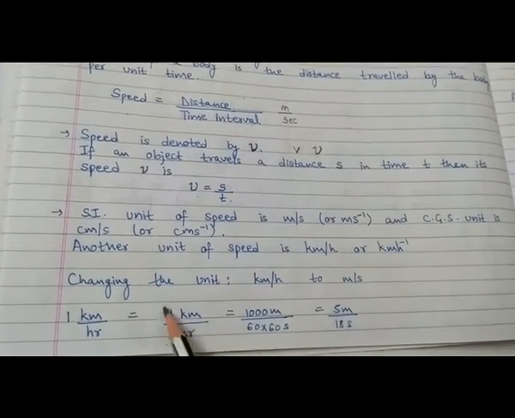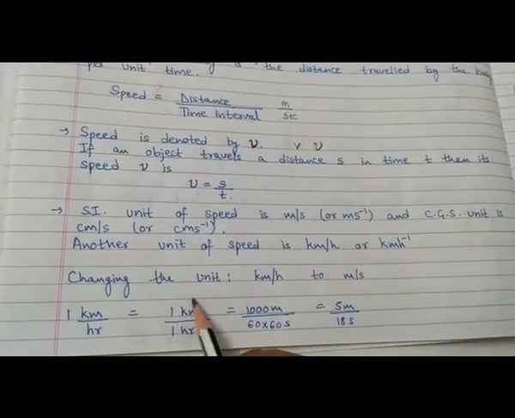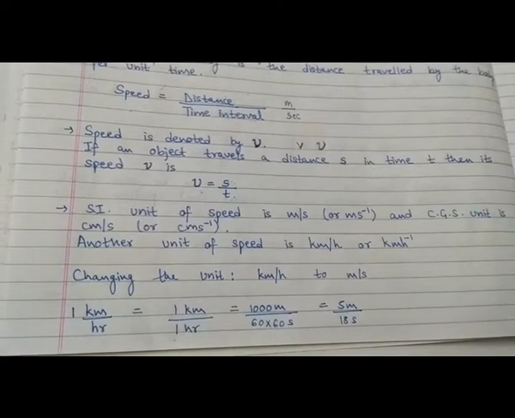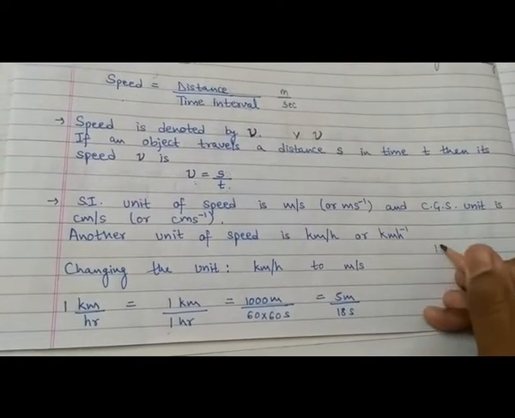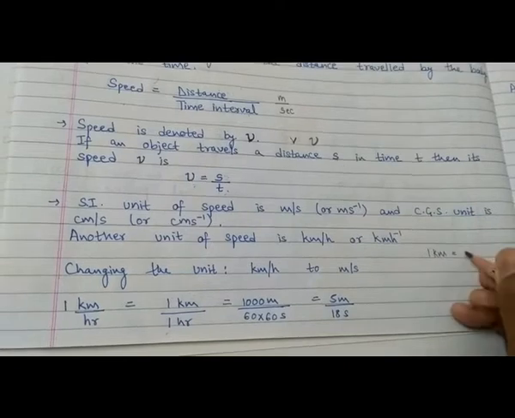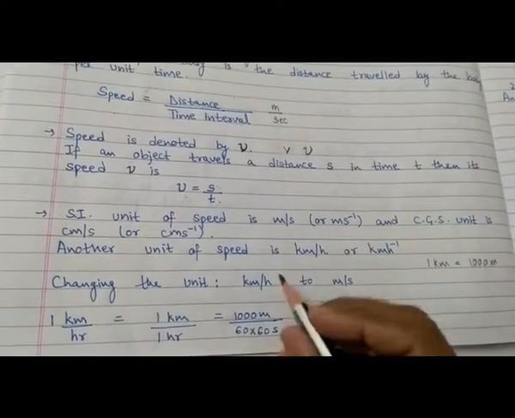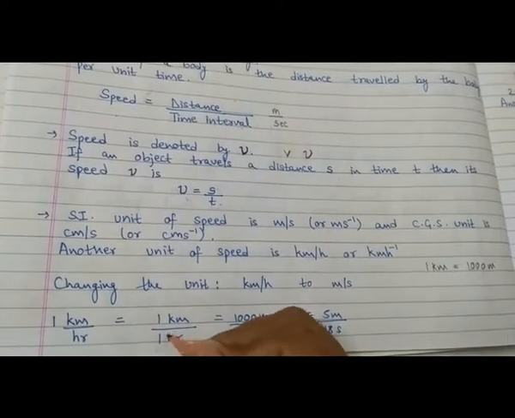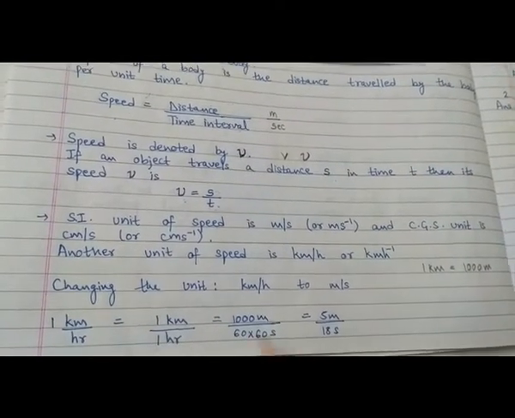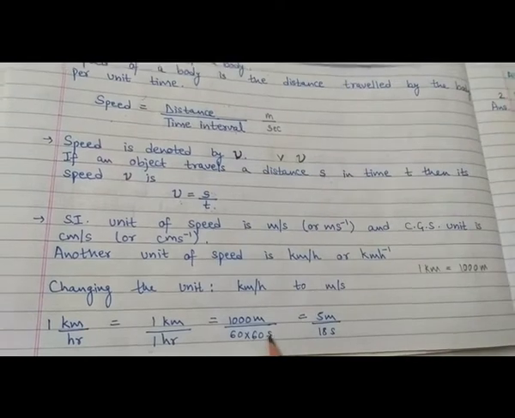Now, 1 kilometer, we know it is equivalent to 1000 meter. 1 kilometer is equal to 1000 meter, and 1 hour is equal to 60 into 60 second.